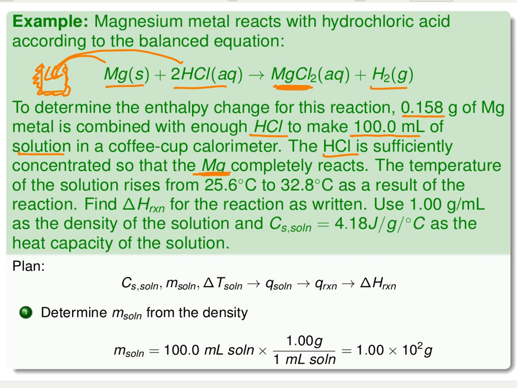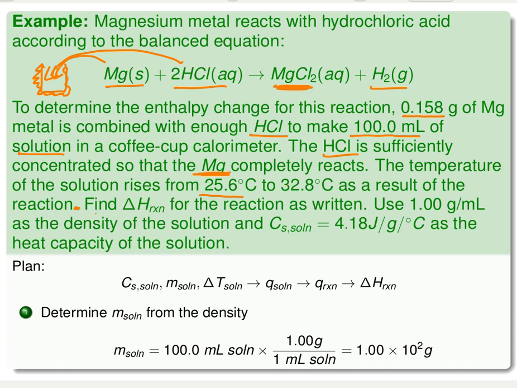We find that the temperature of that solution rises from 25.6 degrees Celsius to 32.8 degrees Celsius as a result of this reaction. Just from that point, because the temperature of the solution is increasing, we know that this reaction must be exothermic.